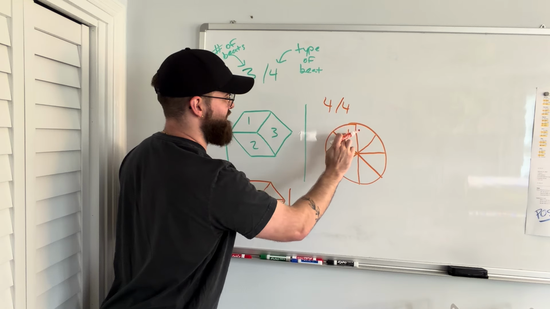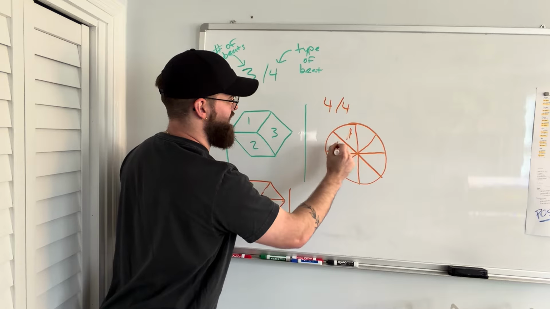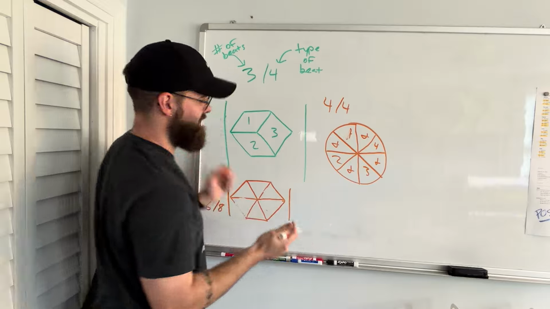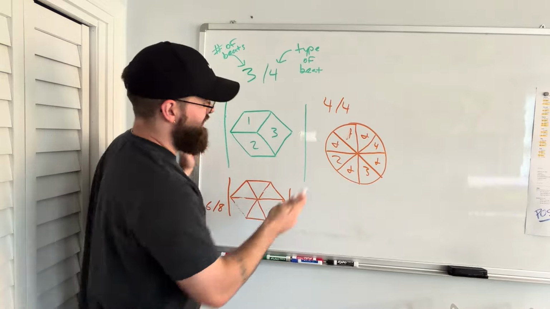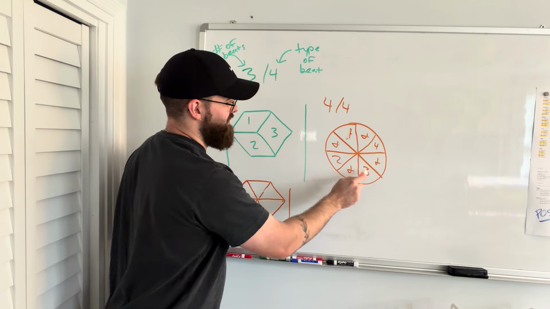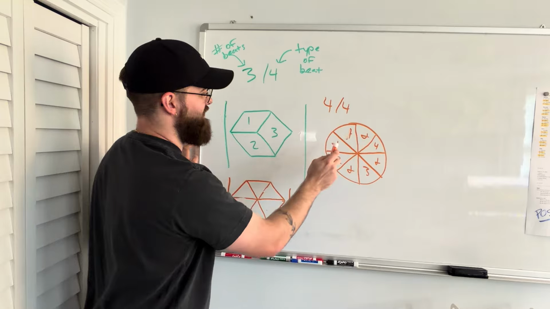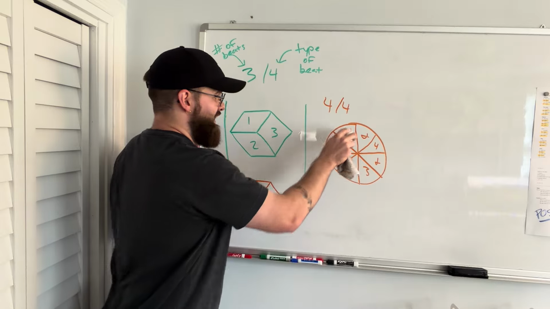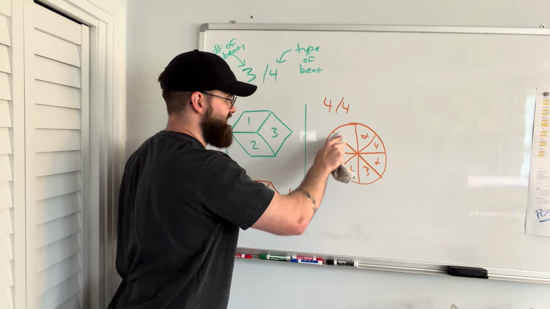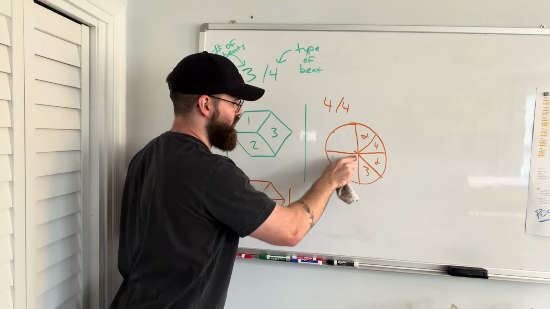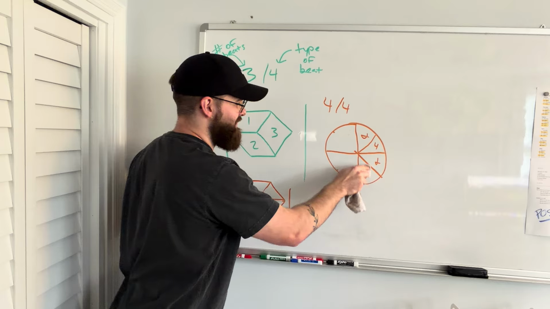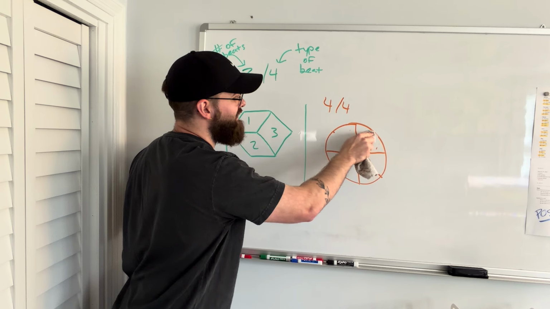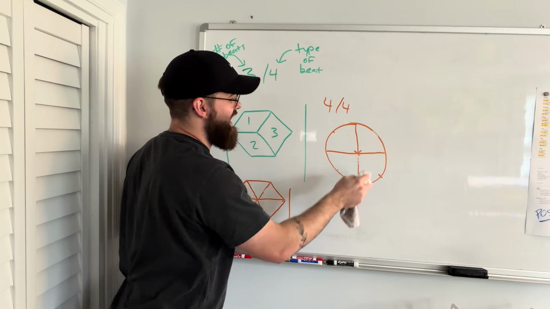1 and 2 and 3 and 4 and, all right, we count that like this: 1 and 2 and 3 and 4 and 1 and 2 and 3 and 4 and. When I count this in terms of quarter notes, however, the speed in which I counted now gets cut in half.